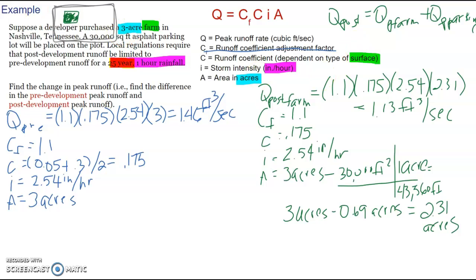Now, I'm going to go ahead and move to a new slide to do the Q post parking. Okay, that way I don't get everything all jumbled up. So we're going to do Q post parking.